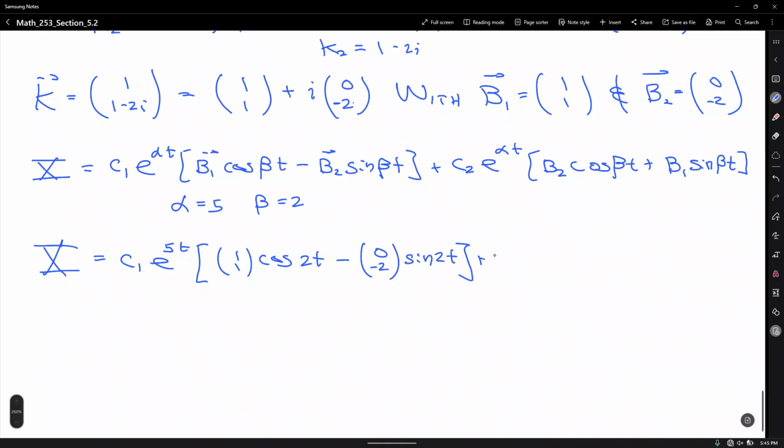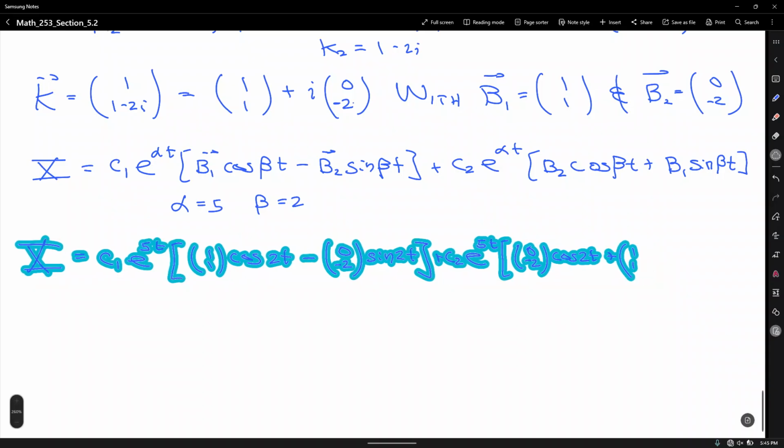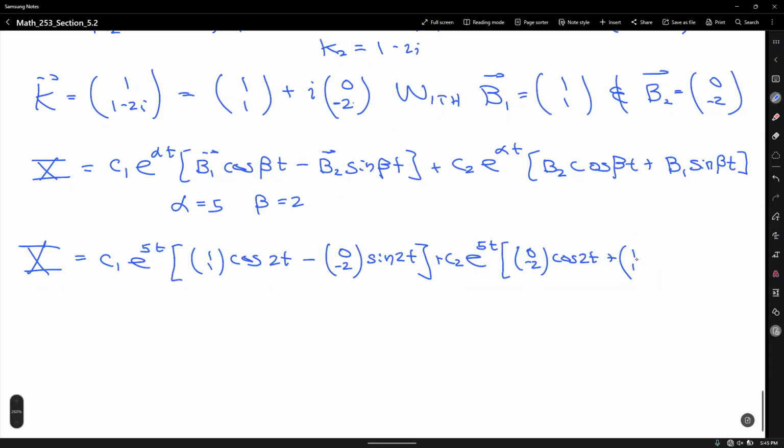Plus C2 e to the 5t, b2, which is 0, negative 2, cosine 2t plus 1, 1 times sine 2t. And that is the solution to the system. You may want to distribute if you want, so that's fine.